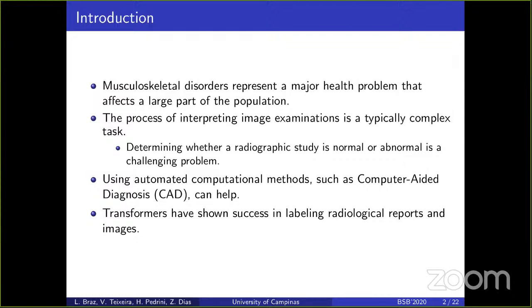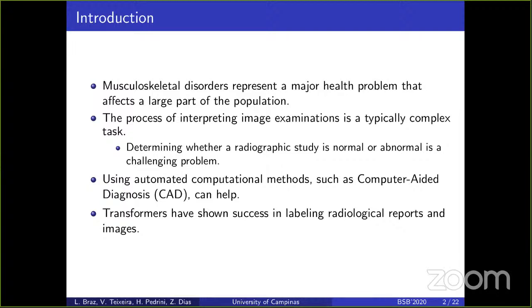And X-ray images are one of the most commonly accessible radiological examinations used to detect and locate abnormalities in radiography studies. The process of interpreting image examinations is typically a complex task, and specialist doctors are usually responsible for conducting the interpretation of this type of information.